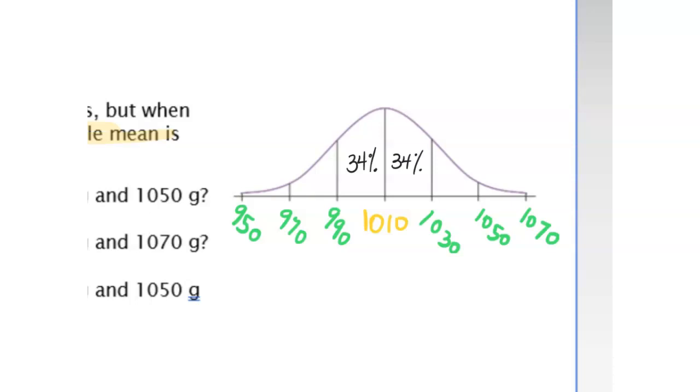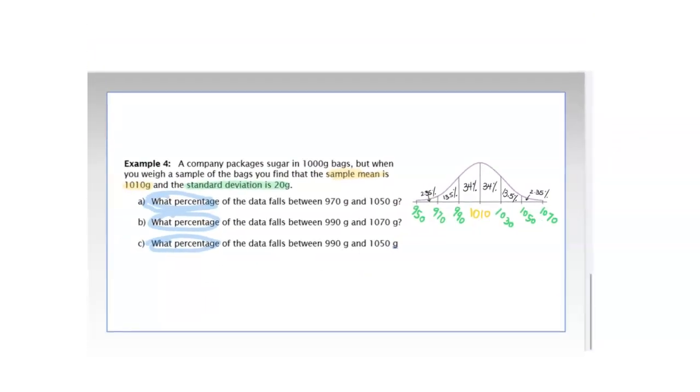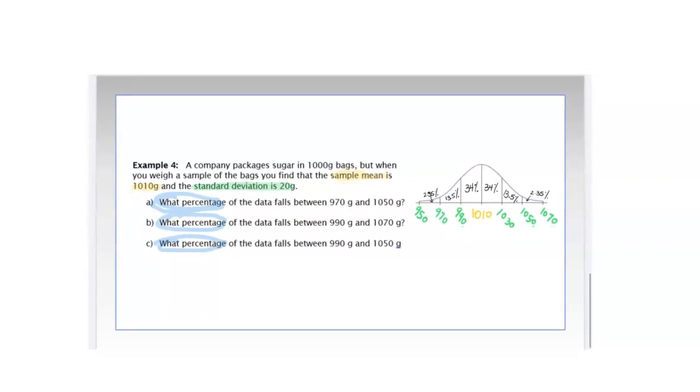Notice how the numbers are still the same as the very first time you were introduced to them. 13.5%. This one is 2.35% and 2.35%. All right. Now let's go ahead and answer our questions.